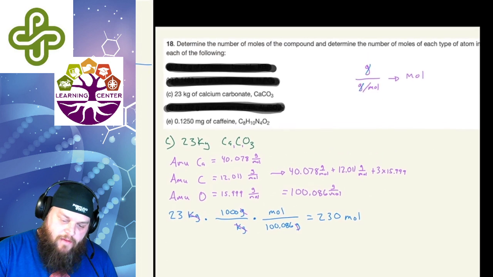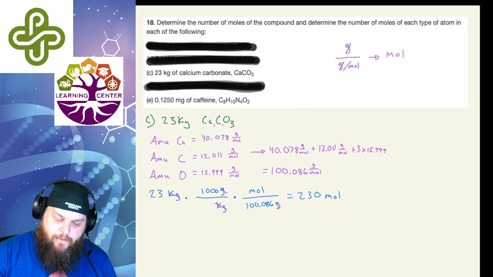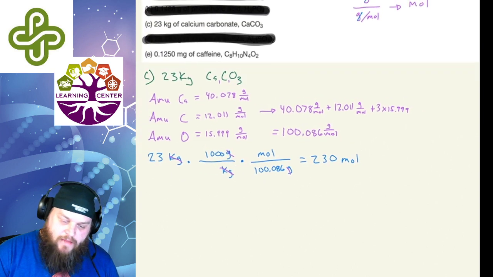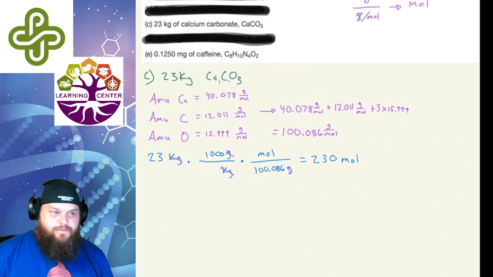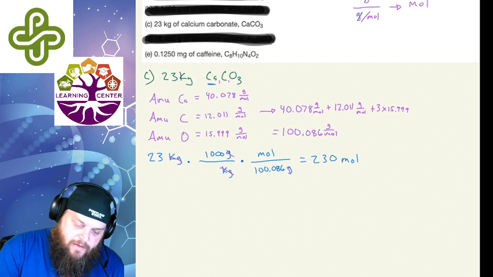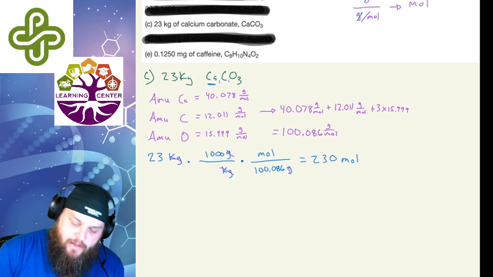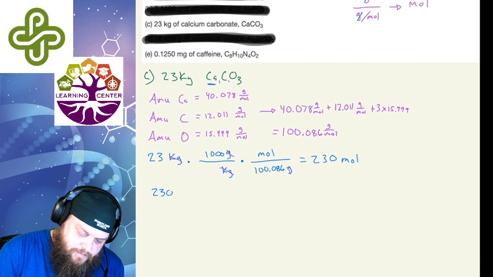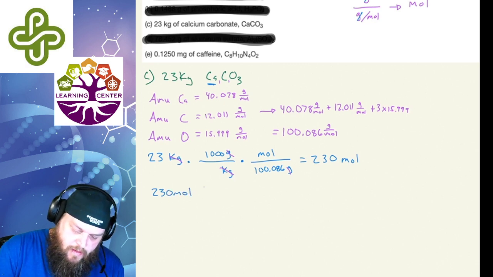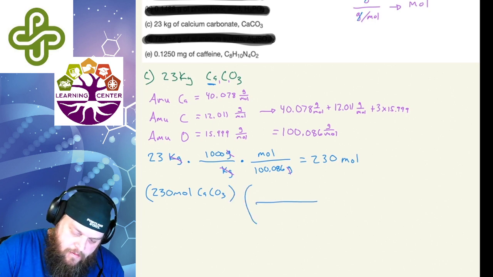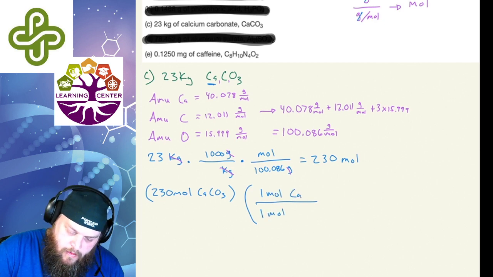But we also need to find the number of moles of each type of atom. So that comes down to that mole to mole ratio. Now we know, like we said, the mole to mole ratio of calcium is 1 to 1. For every molecule we have one atom of calcium. So I can multiply 230 moles times, now we can put this as moles of calcium carbonate, multiply that times this ratio of 1 mole of calcium per mole of calcium carbonate.